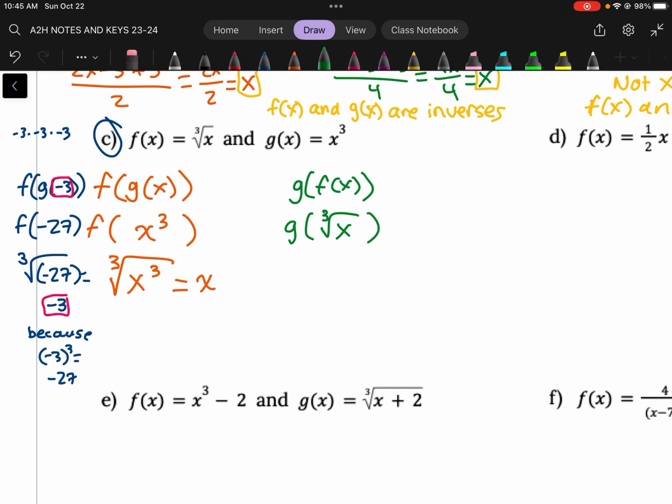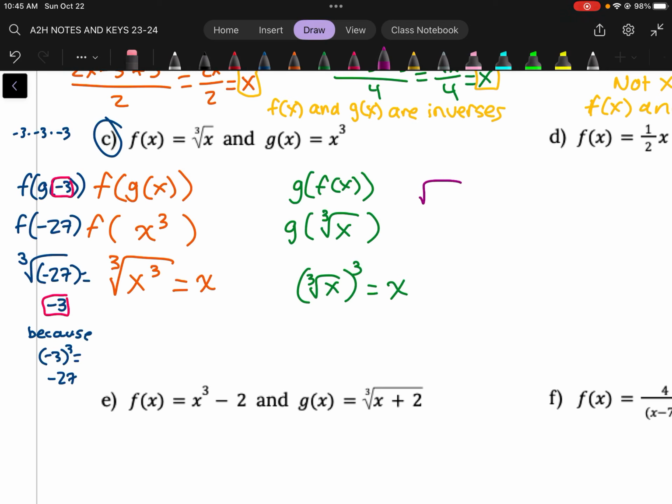If I do the same thing with the other side, and I say to myself, okay, cube root of something, and I cube it, well, that should undo each other, the cube and the cube root. That will also give you x.